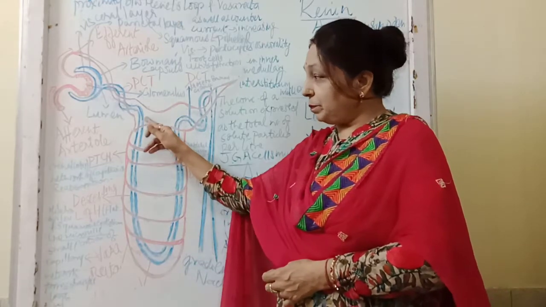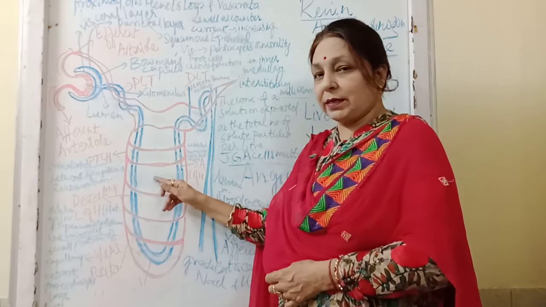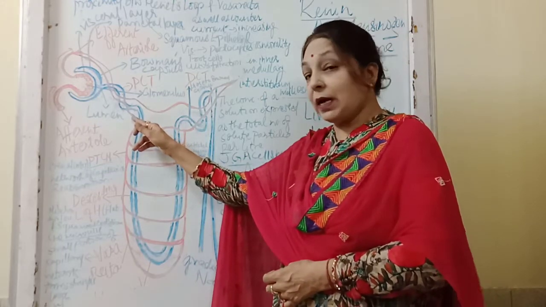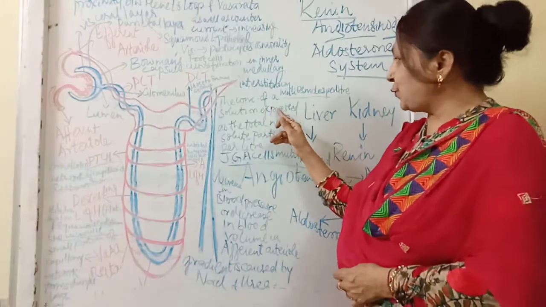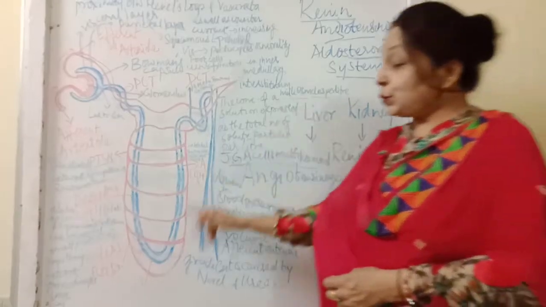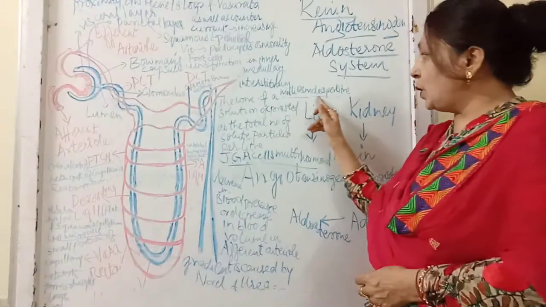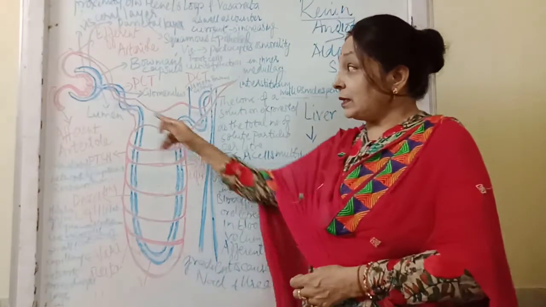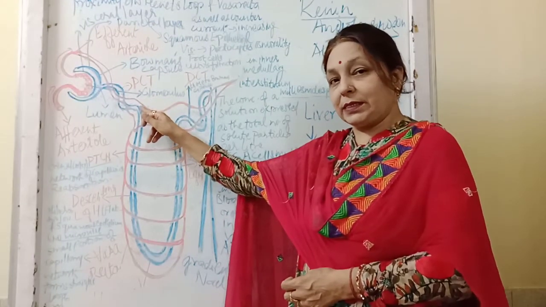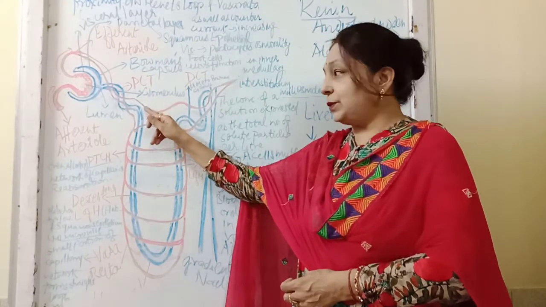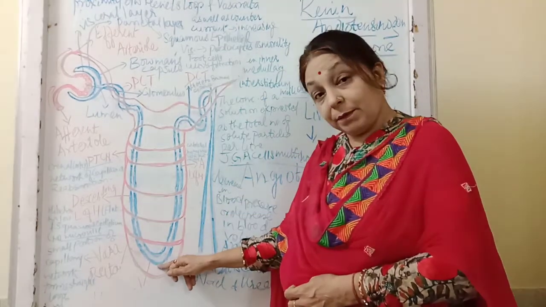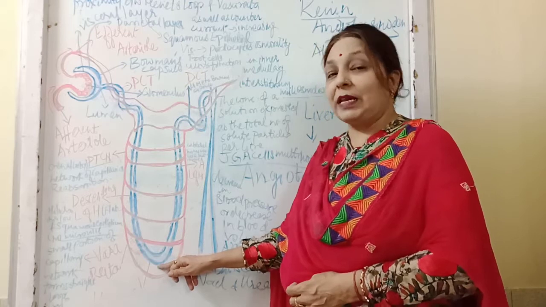Therefore, the filtrate becomes concentrated, that is, it reaches from 300 milliosmoles per liter to 1200 milliosmoles per liter. That is, in the cortex it is 300, then it reaches 600, then 900, and in the inner medullary region it is 1200.